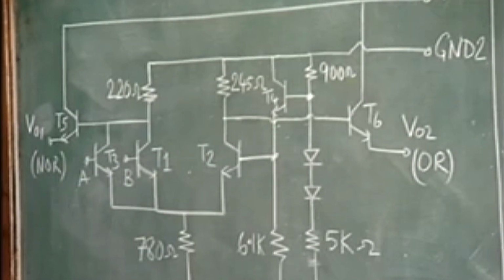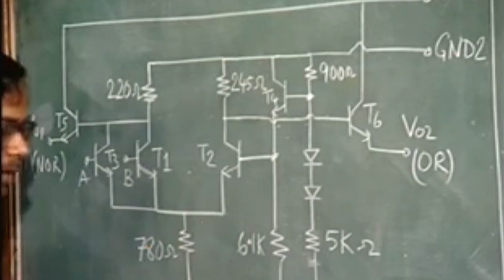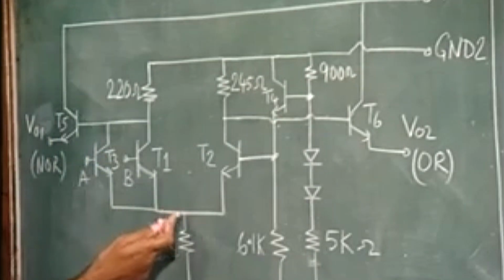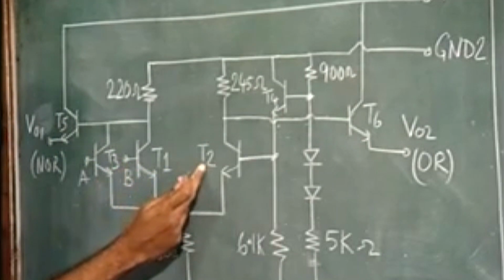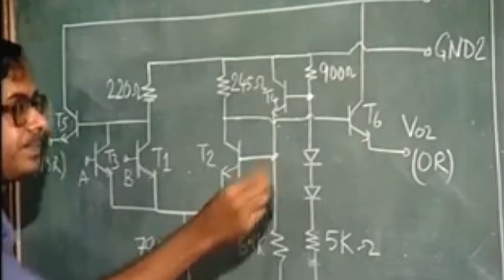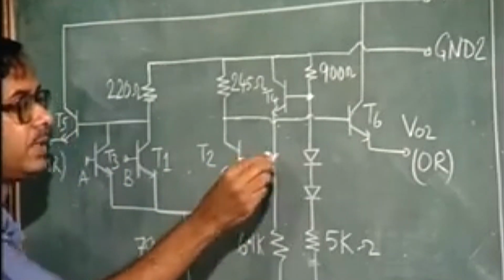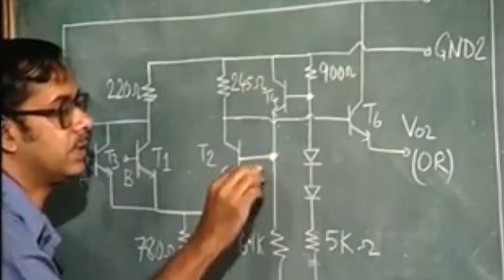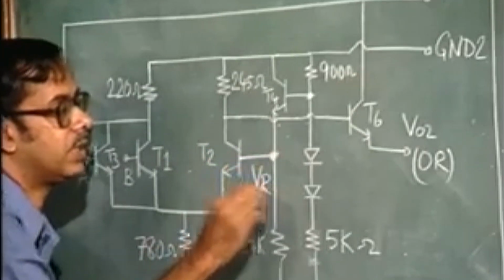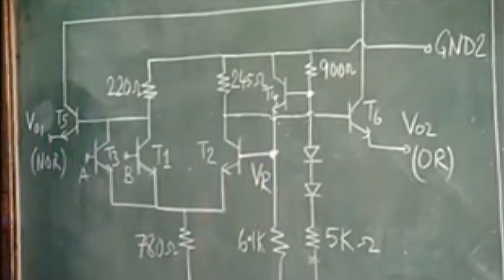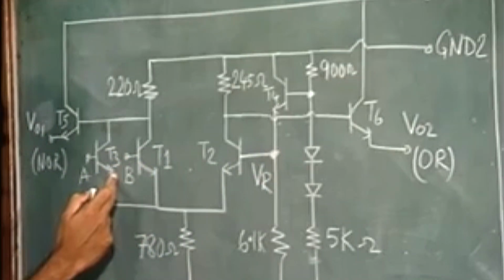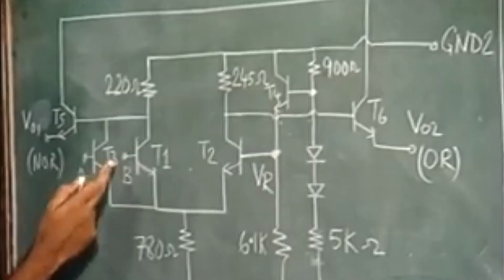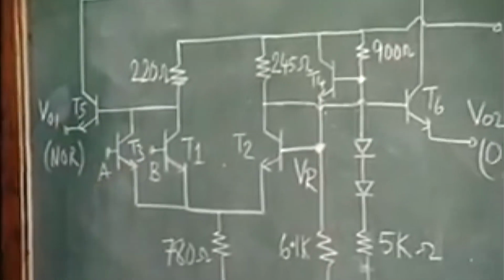This part of the circuit is the emitter coupled configuration. You have the transistor T2 on one side, and at its base you have the reference voltage VR. T1 and T3 are the transistors for the inputs, where the inputs are applied.